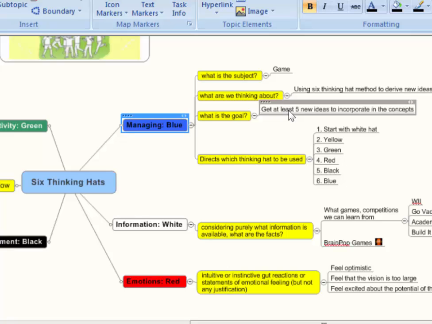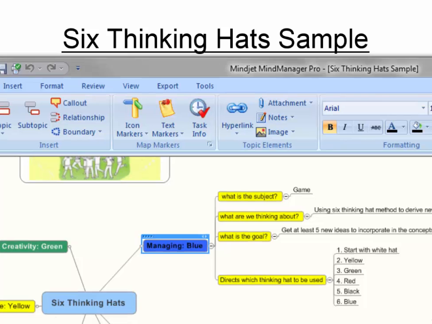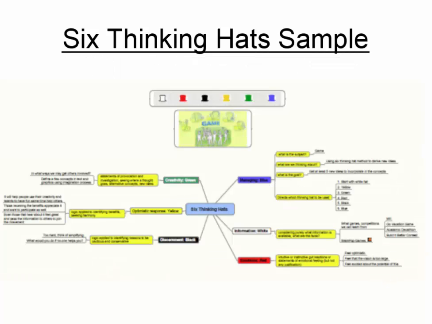And direct thinking, we start with the white hat, yellow, green, red, black, blue, and go over and over until we run out of ideas. And now it's your turn.